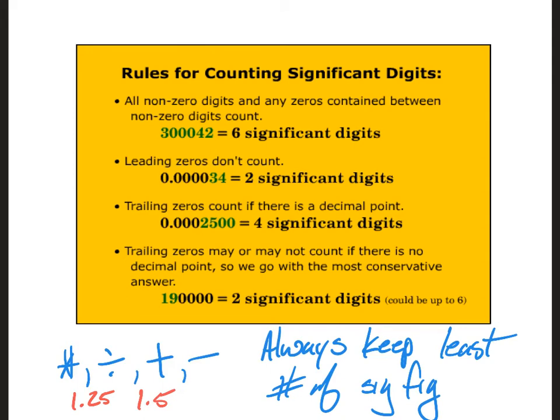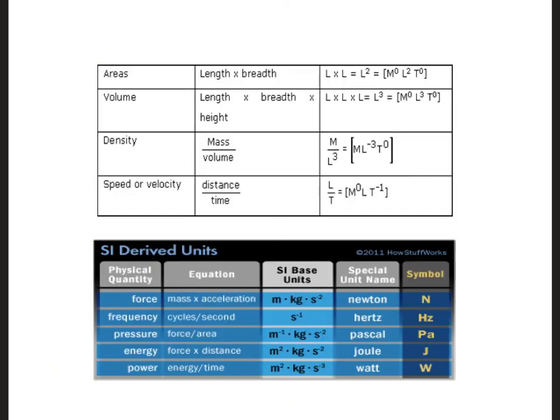No matter what you want to do, the least number of significant figures is 2. That means that your answer must be reported to 2 significant figures. Our answer is only as strong as our least precise data point. And that's also something we'll talk about as we design labs in the future as well.